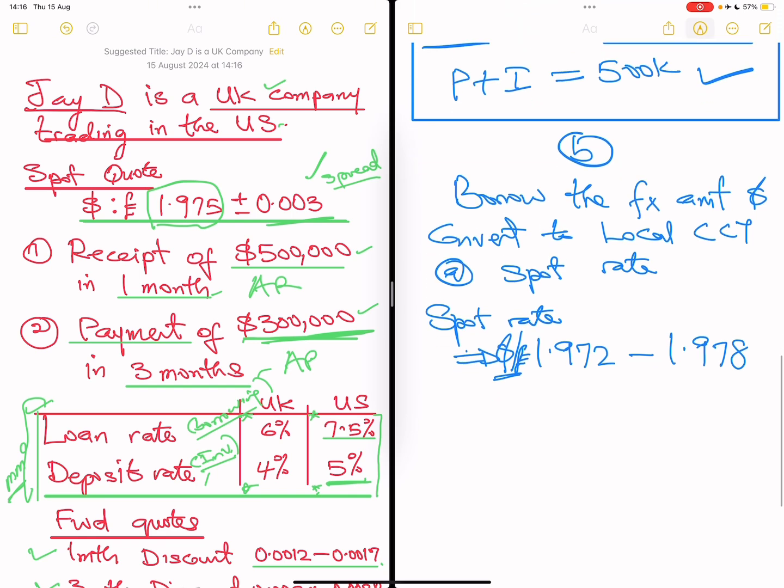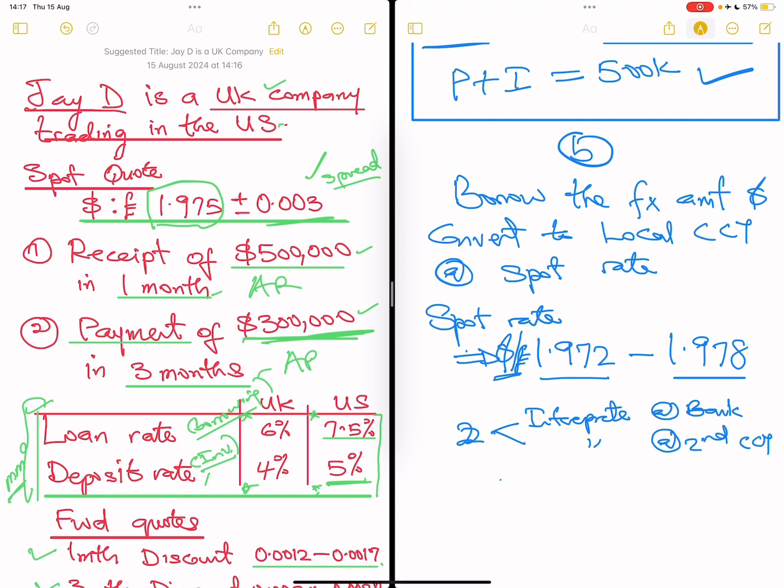Now, rate interpretation comes in, because you need to know, are you using this rate or that rate? And remember, I gave you steps to interpret your rate. I said before anything, two things you must know is that you must always interpret from the bank's perspective and also from the second currency perspective.